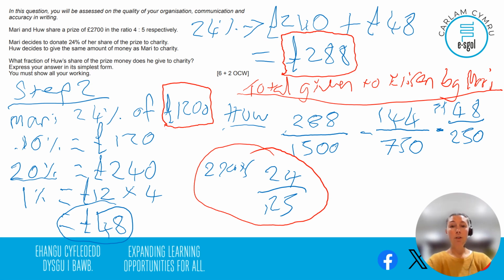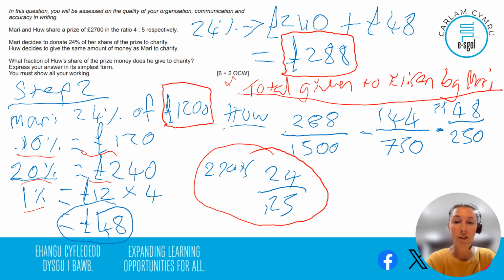And that's it. So you'll get full marks here for the correct answers and showing all your workings out. Those extra OCW marks will be given because you've put pound signs in, you've shown your percentage, and you've written these sentences.